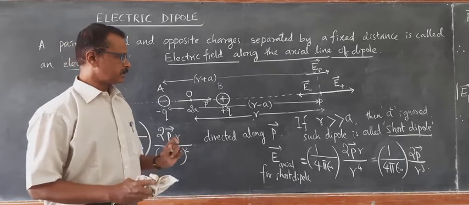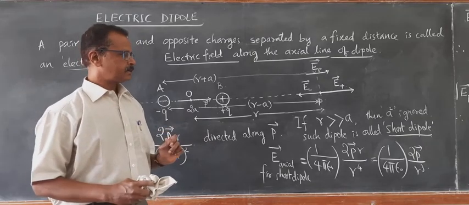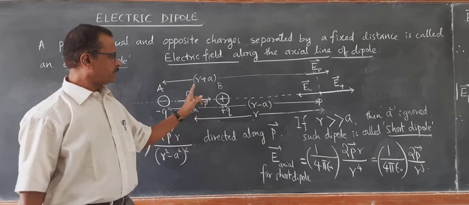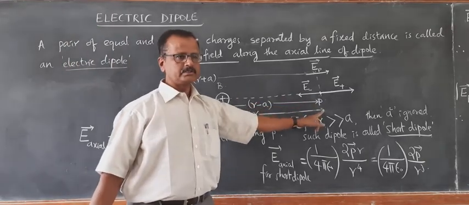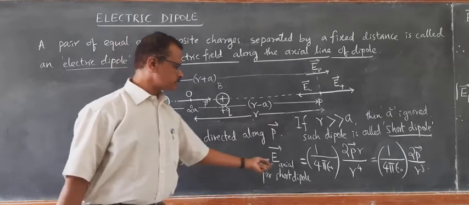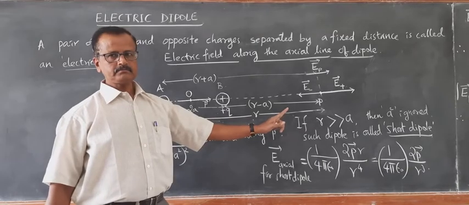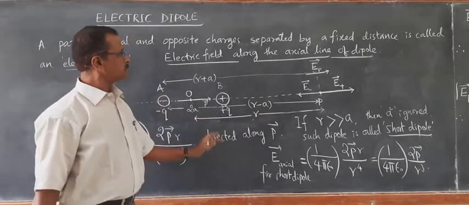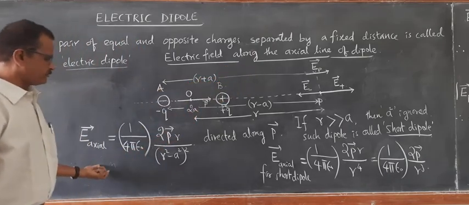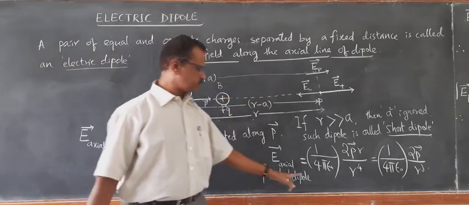You will come across many numericals based on such dipoles. So dipole length will be given and distance of the point under consideration, this distance OP, that is R, will be given, and based on that you will be asked to calculate what is electric field along the axial line. Okay, so this is all about the electric field along the axial line of an actual dipole and electric field along the axial line for short dipole.